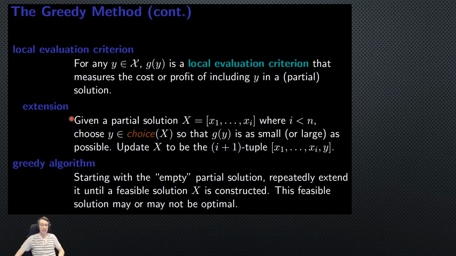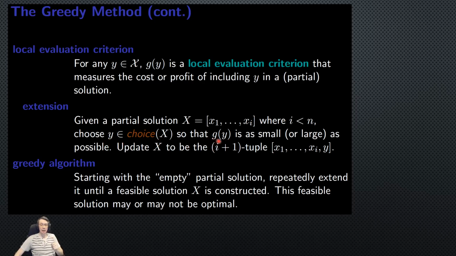Okay, so what's an extension? Well, given a partial solution, x, x1 up to xi, we can choose some y in the choice set of choices that don't violate our constraints. And we choose that so that g of y is optimal over all of our possible choices that we could make in this step that won't violate any constraints.